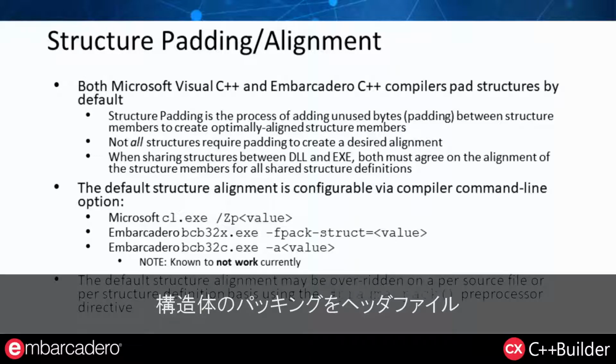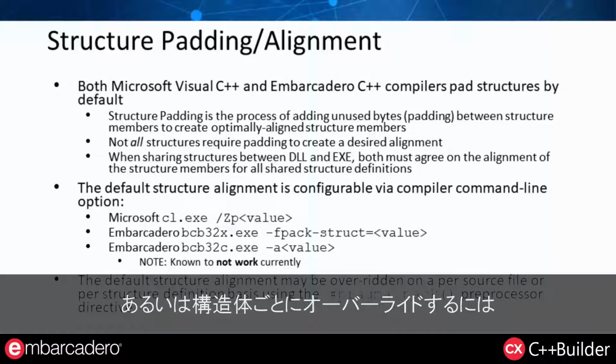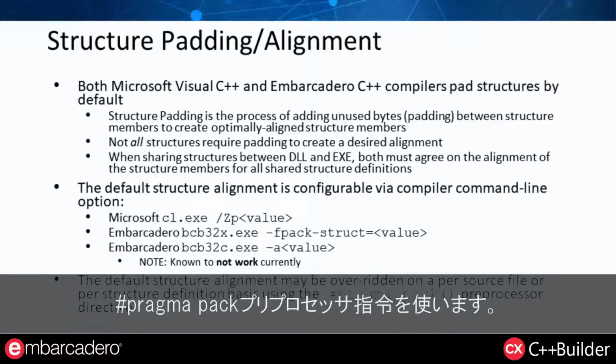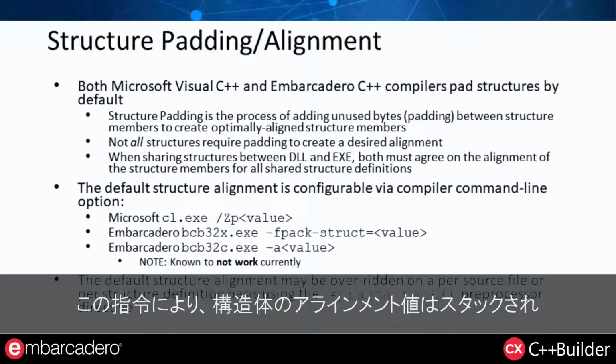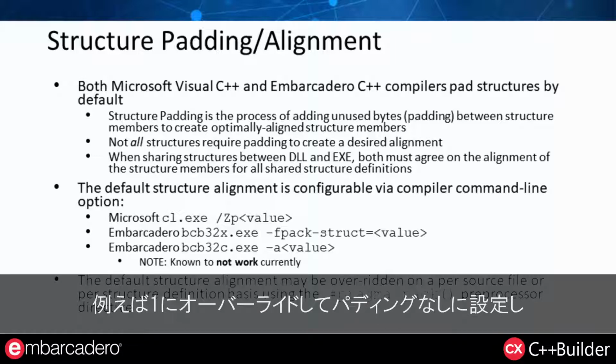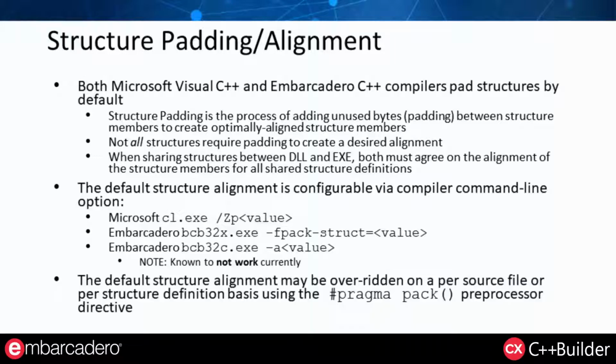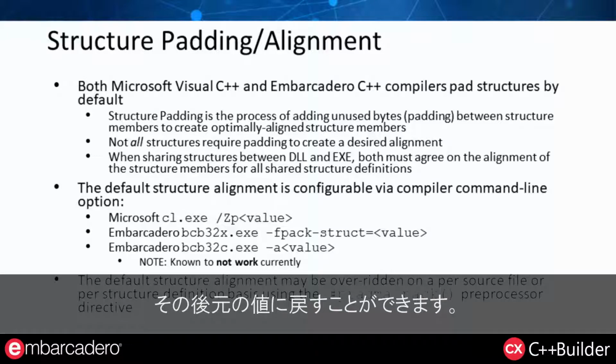To override structure packing on a per header file or per structure basis, you can use the pragma pack preprocessor directive. This directive allows you to store the current structure alignment value on a stack, override the structure alignment, for example, using the value 1 to specify no padding, and then restore the previous structure alignment value.